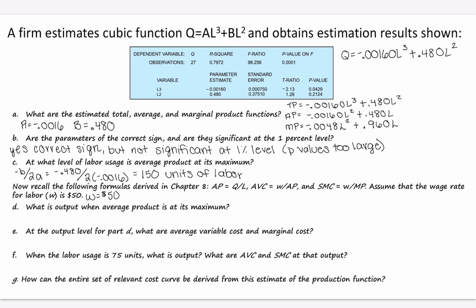We already said the average product is at its maximum at 150 units of labor, so substitute in 150.